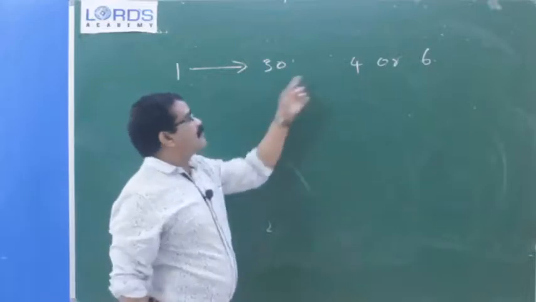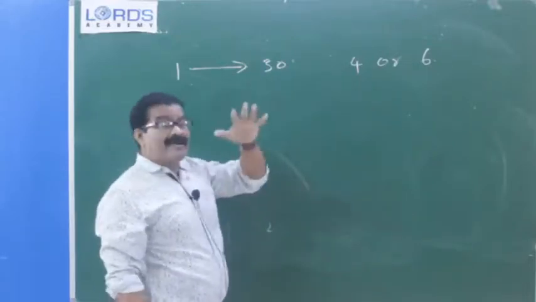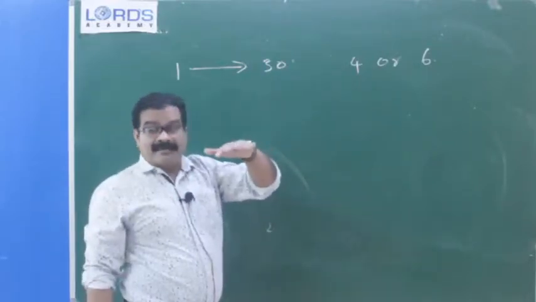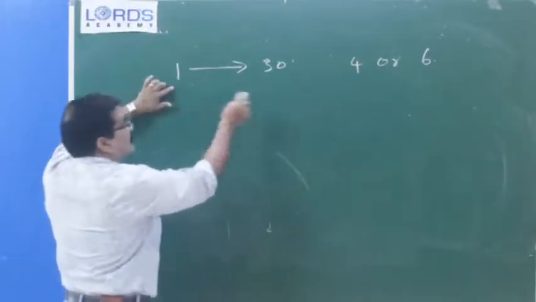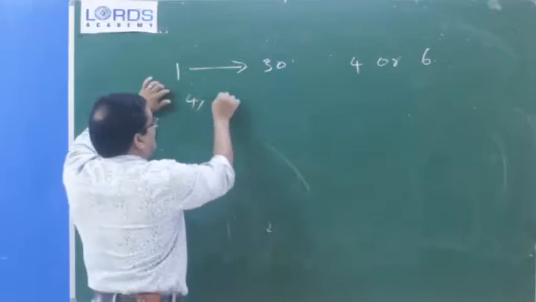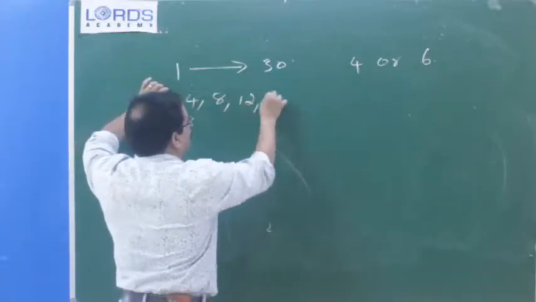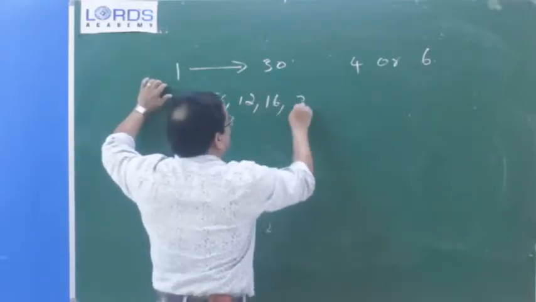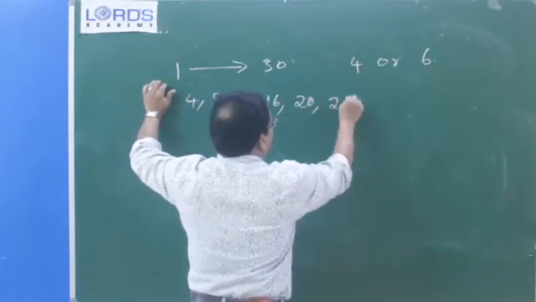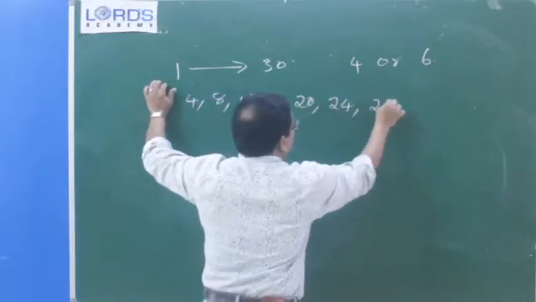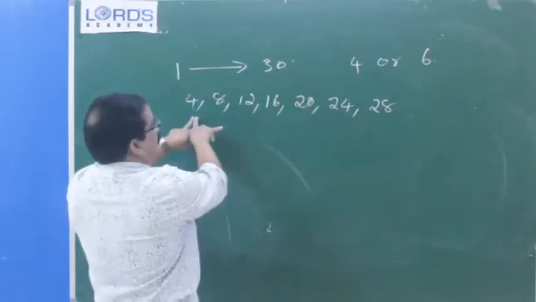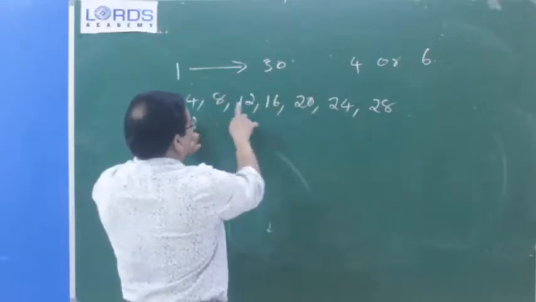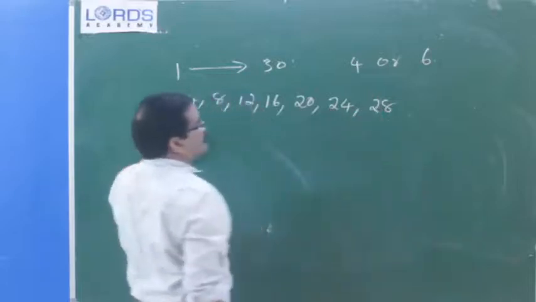Up to 28, 7 multiples are there. First one 4, 8, 12, 16, 20, 24, 28. Between these you can find the multiples of 4: 1, 2, 3, 4, 5, 6, 7.